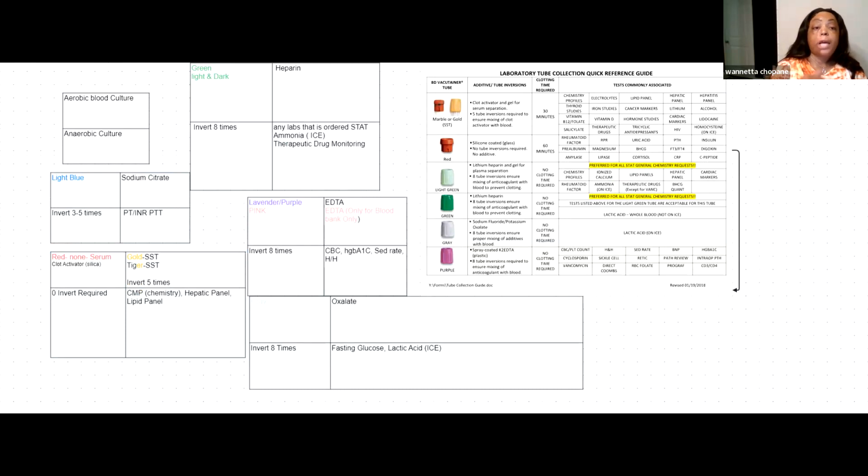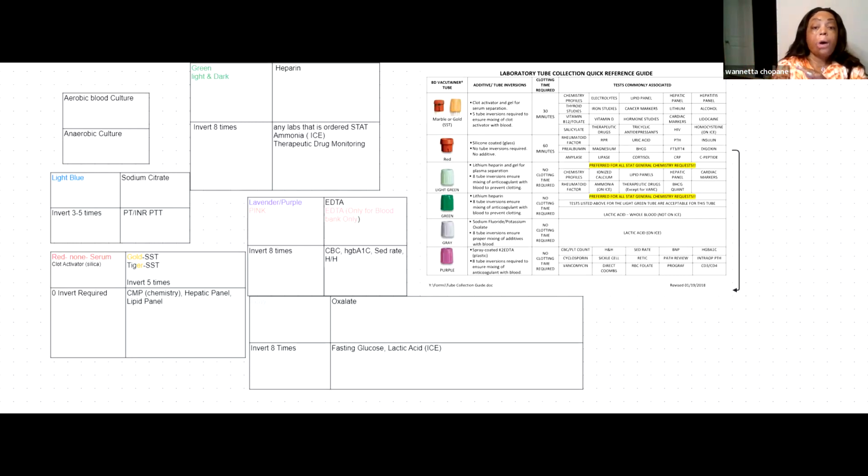You guys remember that the reason why there is an order of draw is because per CLSI standards, we need to go in that order. If we do not, we can jeopardize contamination by mixing additive with the blood before it's time. Remember, on each end of the needle is really a needle. One side is the needle that goes into someone's vein. The other side is the needle that punctures the blood tube.